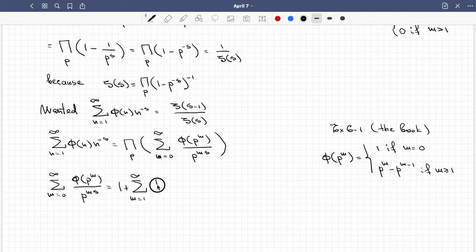Now we have p to the m minus p to the m minus 1, divided by p to the ms, which is the same thing as 1 plus the sum from 1 to infinity.